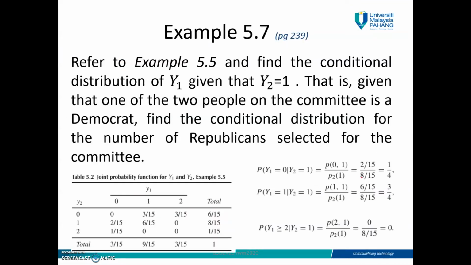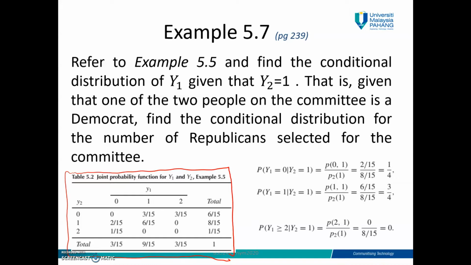And then you have example 5.7. Refer to example 5.5. If you remember from the previous video, you constructed this joint probability function for y1 and y2, which are Democrats and Republicans, where you need to select two people for a committee.